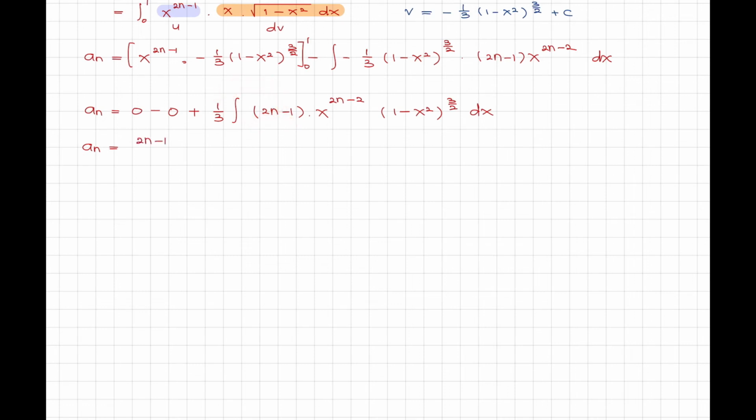So we got 2n minus 1 over 3, integration from 0 until 1, x to the power of 2n minus 2 times 1 minus x squared times 1 minus x squared to the power of half dx. 1 minus x squared to the power of half is basically the square root of 1 minus x squared. I will change this into square root of 1 minus x squared.